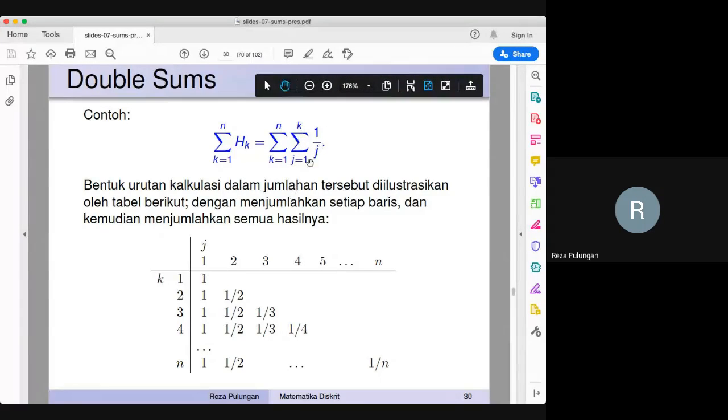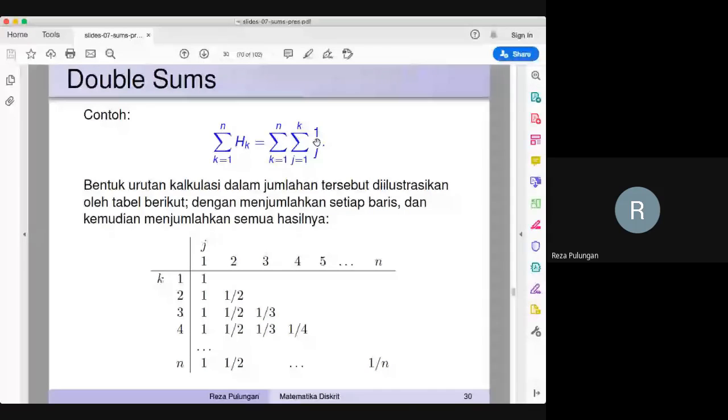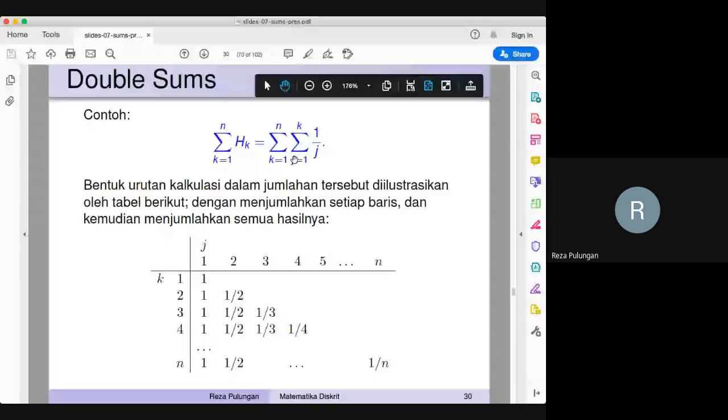And because j can only have value 1, this value here is 1 divided by 1, which is 1. When k is equal to 1, it is not possible for j to have value 2, because j is something from 1 until k. So this is 0. So we don't have to fill all of this.